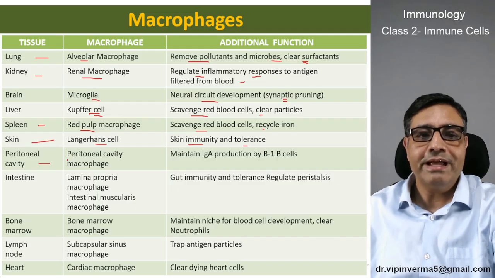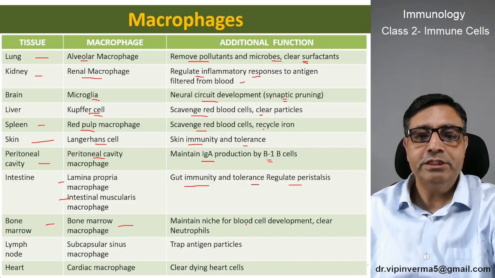In peritoneal cavity, we have the peritoneal cavity macrophages, which maintain IgA production by the B1 B cells. Then in intestine, we have lamina propria macrophage and intestinal muscularis macrophage, and they are important for gut immunity and tolerance, and they also regulate peristalsis, right? In bone marrow, we have the bone marrow macrophage.